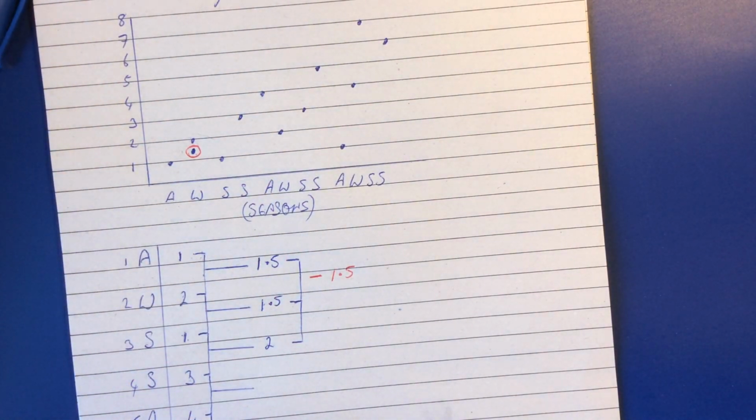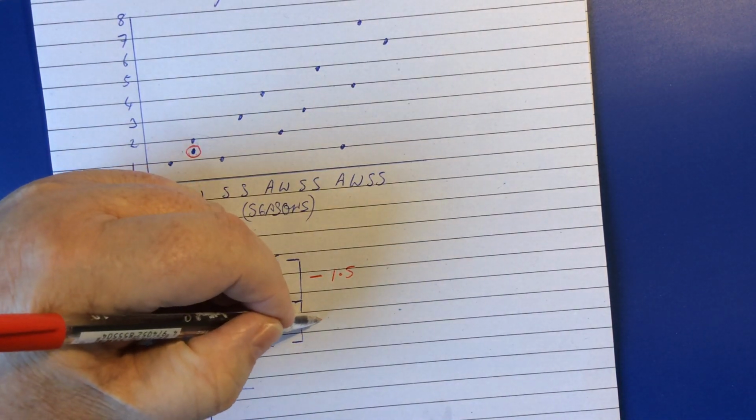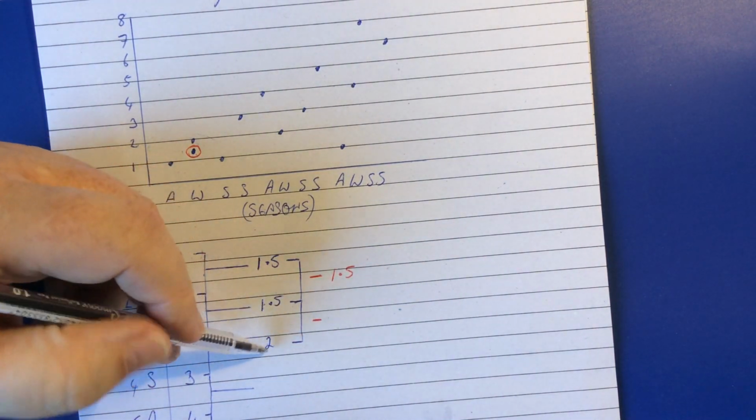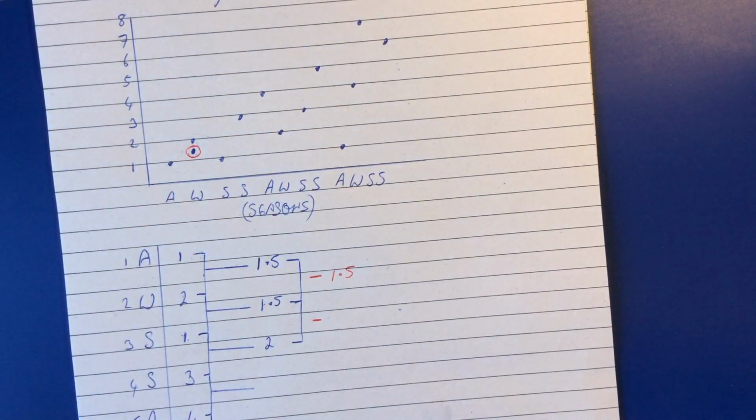So essentially we're going through the process of doing a moving mean twice, and the process is called centering. So what we have here is 2 plus 1.5, which is 3.5. 3.5 divided by 2, I think, is 1.75.